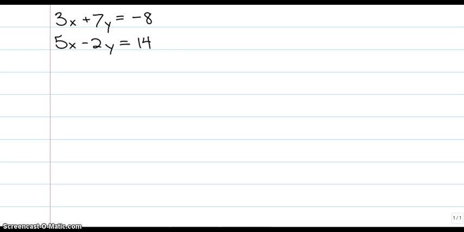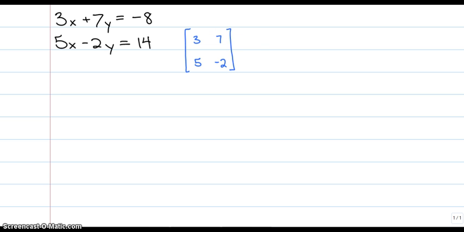Having said all that, setting up a coefficient matrix for you on here. I'm going to start off with a 3, 5, 7, -2. Now what this does is very similar to the Cramer's rule. You are going to be able to use a matrix to help you solve the system.